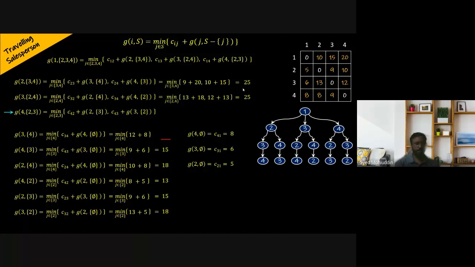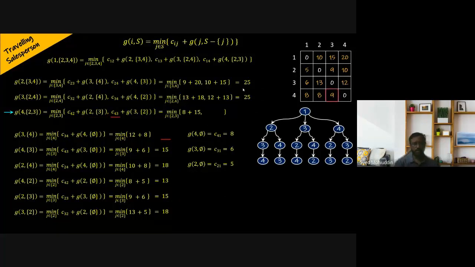Then similarly we substitute in the equation, which is cost of 4 to 2. The cost of the edge from 4 to 2 is 8 plus G of 2, 3, which is 15. So 8 plus 15 will give the cost from moving from vertex 4 to vertex 2.